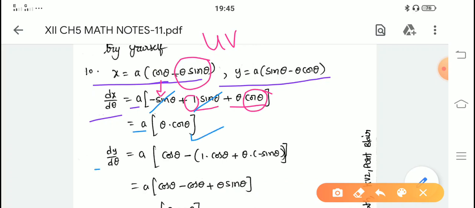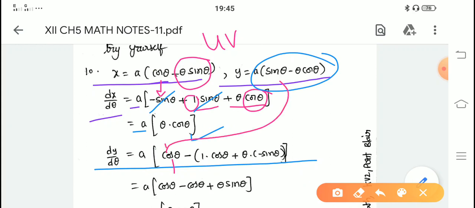In a similar way we do dy by d theta. The sin theta derivative is cos theta. Then theta cos theta, the UV rule is applied. Since outside there is a minus, you should apply it in a bracket.